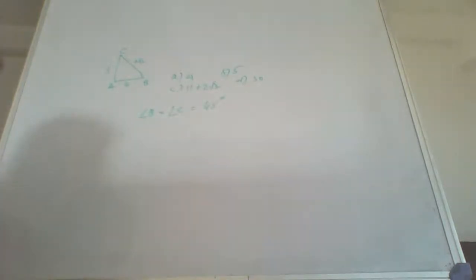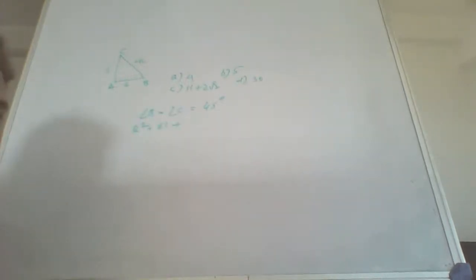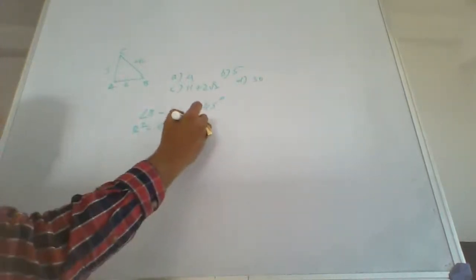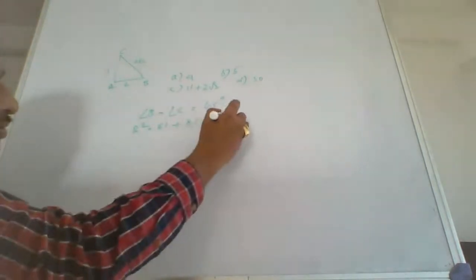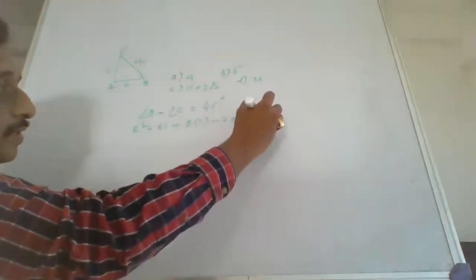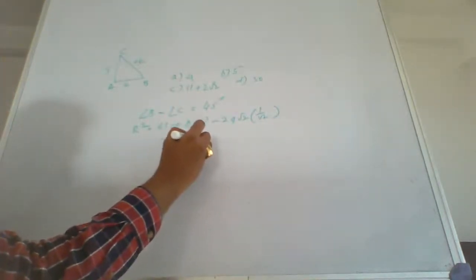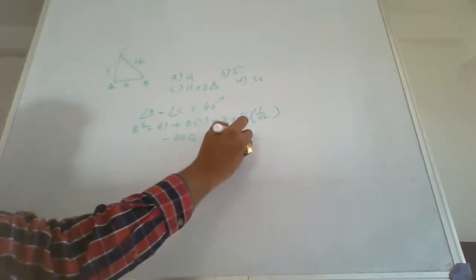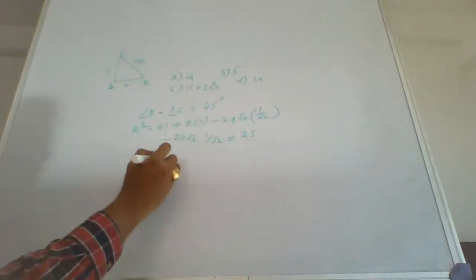So r square is equal to 61 plus, let me substitute: 8 into 1 minus 24 root 2 into 1 by root 2, minus 20 root 2 into 1 by root 2, which results in 25. So r will be 5. The choice is b.